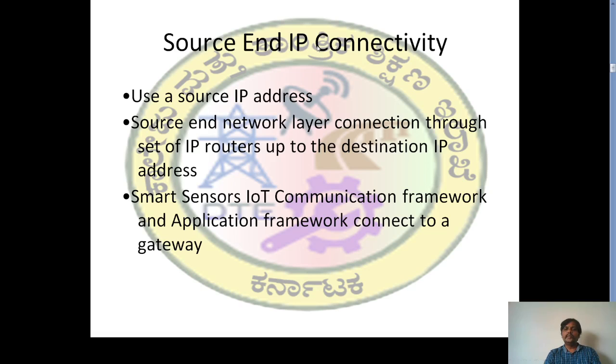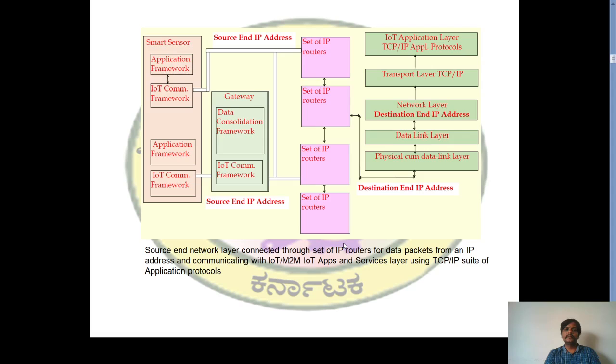Source and IP connectivity. As it is a source and IP, it uses the source IP address. The source and network layer connect through a set of IP routers up to the destination IP address. Smart sensors, the IoT communication framework and the application framework will connect to a gateway.